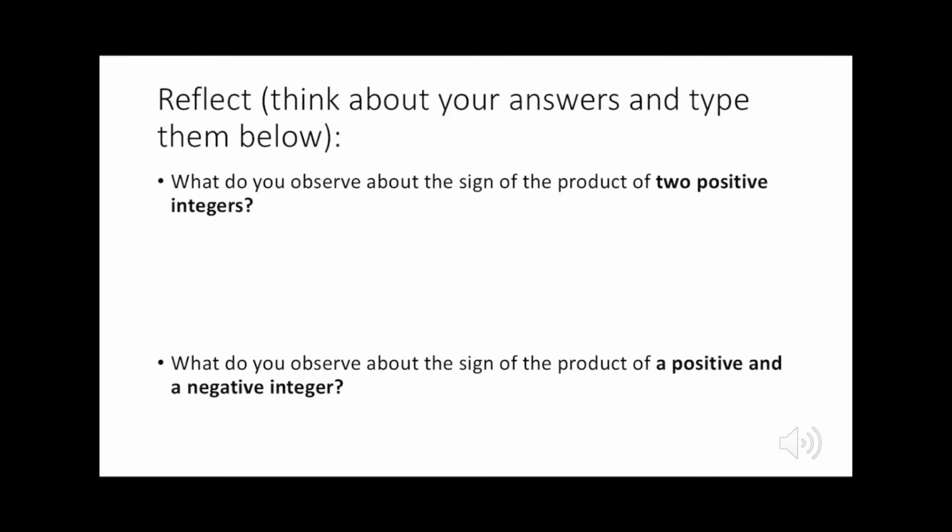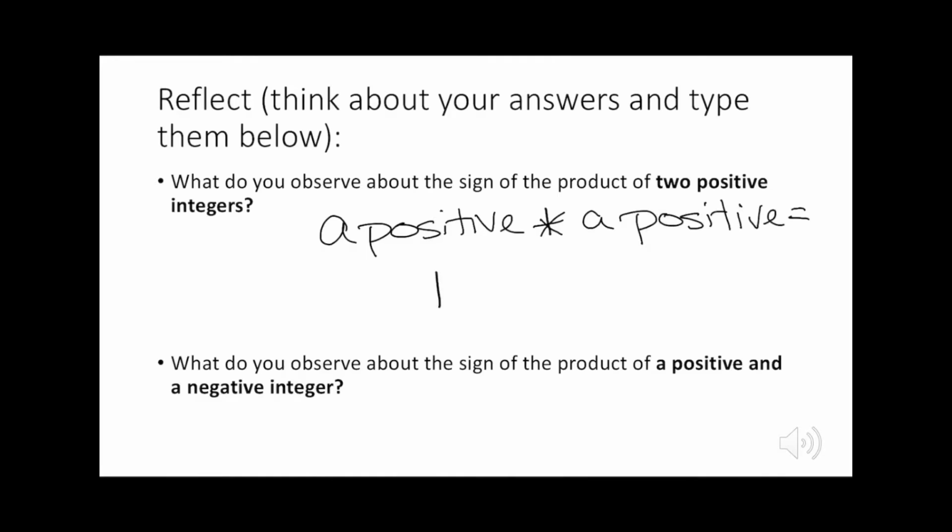Your answers can be all kinds of things, but the main one is that a positive times a positive equals positive. So when I multiply 3 times 8, it's going to be 24, and it's always going to be positive 24.